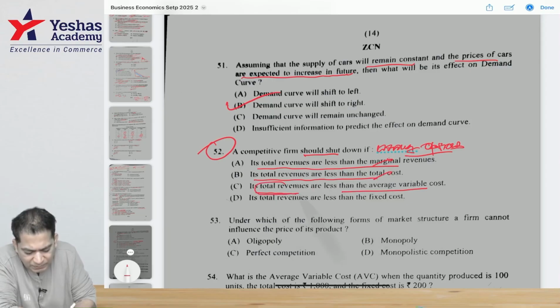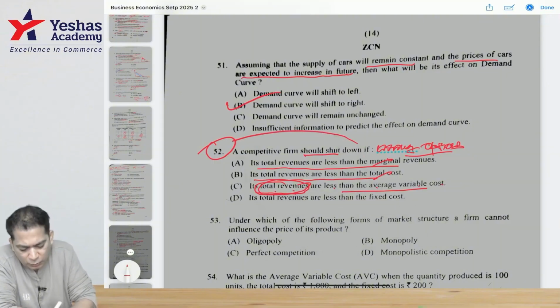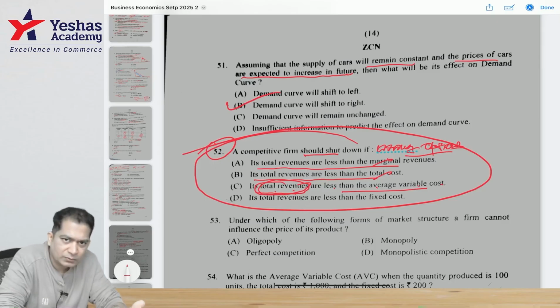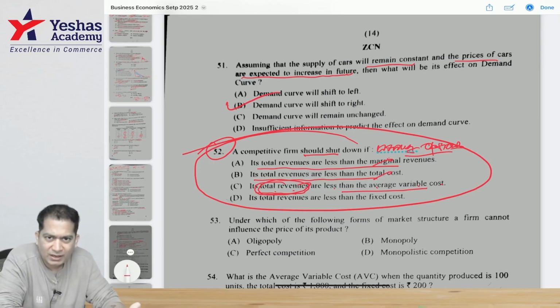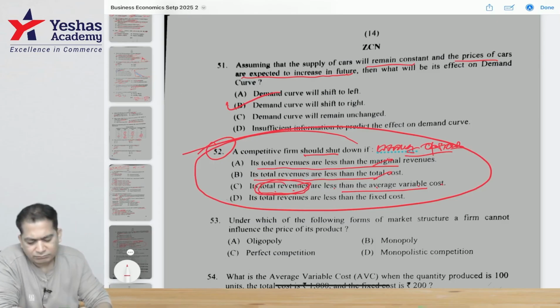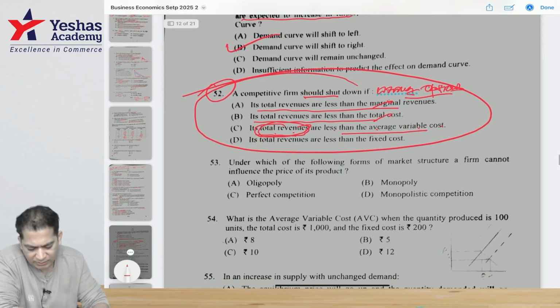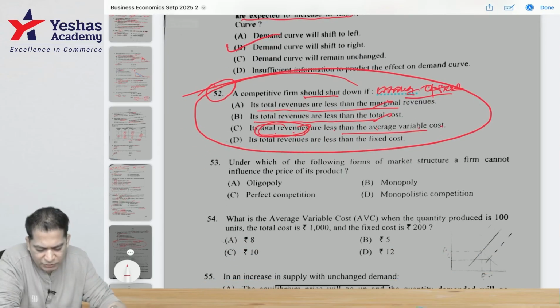I think there is a misprint here. It should be average revenue less than average variable cost. So those who have solved question number 52, if they got it wrong, they should be getting a grace mark, I suppose.